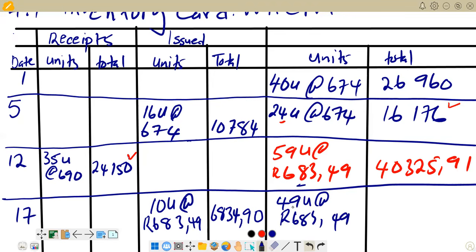And then you calculate the 49 units times 683.49 there. 49 times 683.49, you get 33,491.01. So this is what we have in terms of the 17th. Then we check on the next dates what we are going to do.